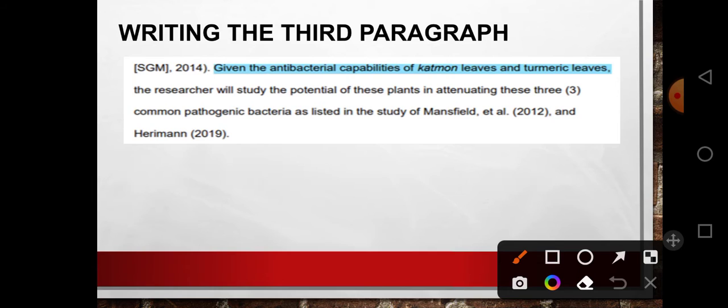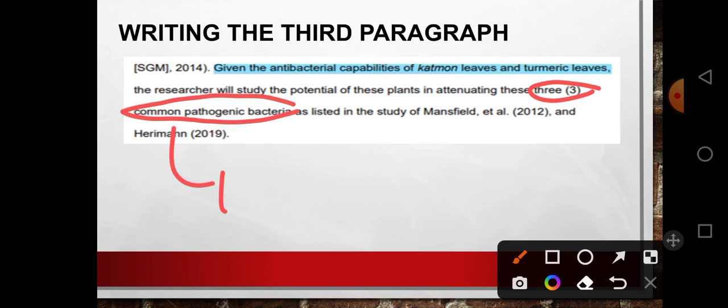Given the antibacterial capabilities of cotton leaves and turmeric leaves, the researcher will study the potential of these plants in attenuating these three common pathogenic bacteria as listed in the study of Mansfield and Harriman of 2019. These three commonly occurring pathogenic bacteria are actually our dependent variable: the Pseudomonas aeruginosa, Escherichia coli, and Staphylococcus aureus.